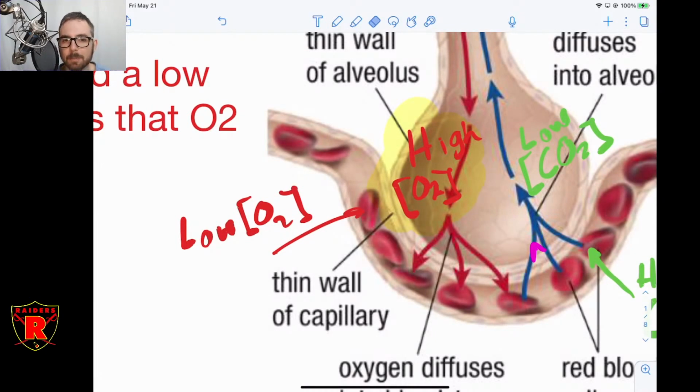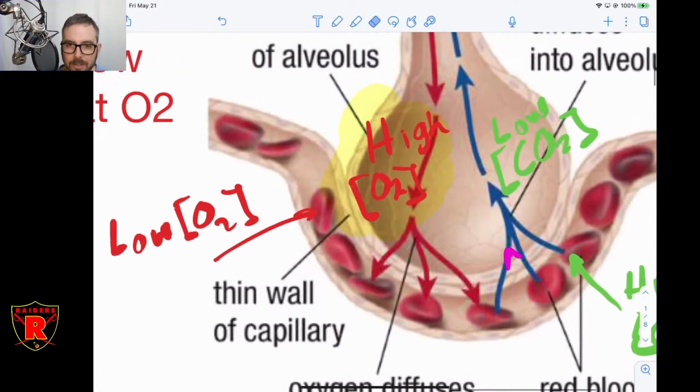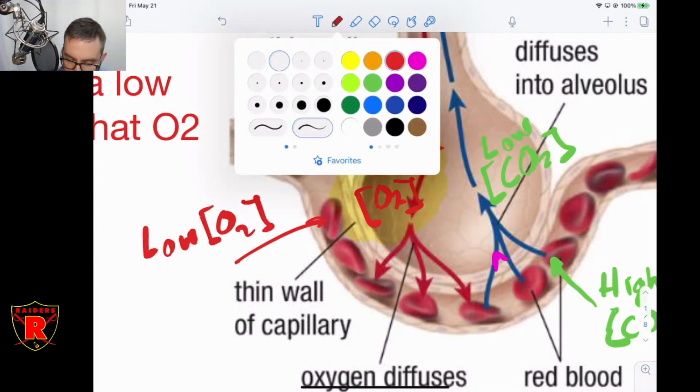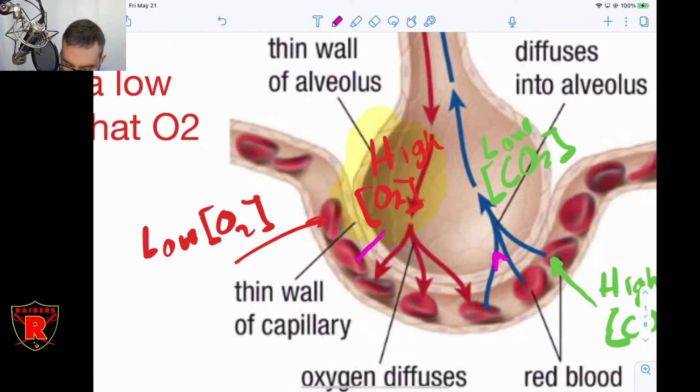That's the blood that has already been through all the tissues in your body. The oxygen has been used up, and now it's returning back to the lungs again. So you've got low O2 in the blood, and you've got very high O2 in your alveoli. And so naturally then, you're going to get this drift of O2, this diffusion of O2 into the blood.